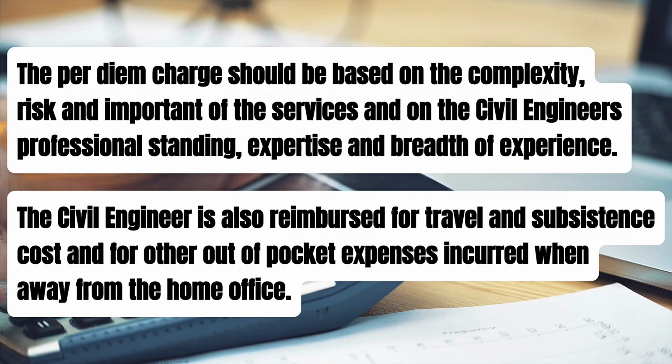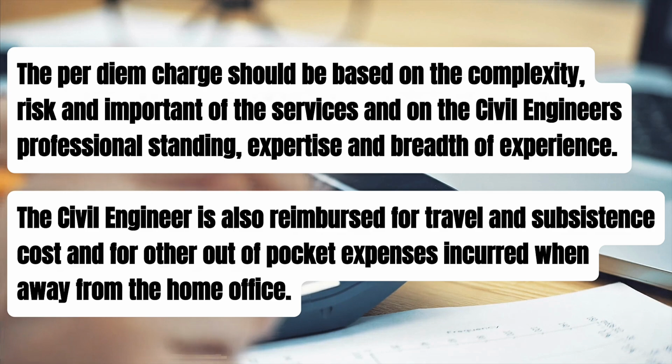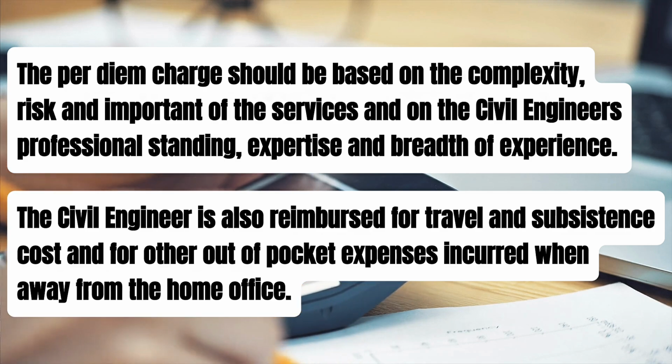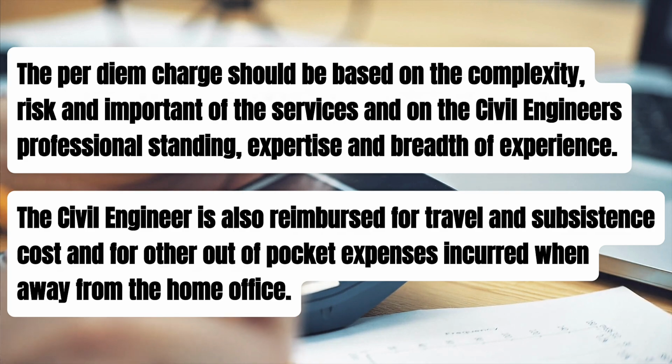The per diem charge should be based on the complexity, risk, and importance of services and on the civil engineer's professional standing, expertise, and breadth of experience. The civil engineer is also reimbursed for travel and subsistence cost and for other out-of-pocket expenses incurred when away from the home office.